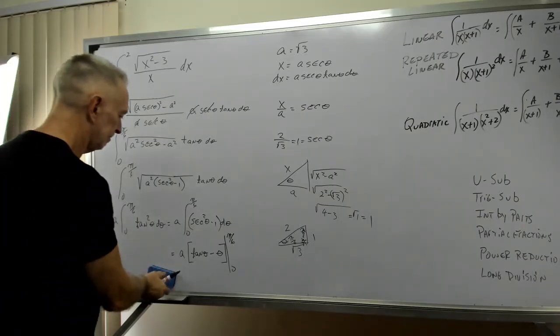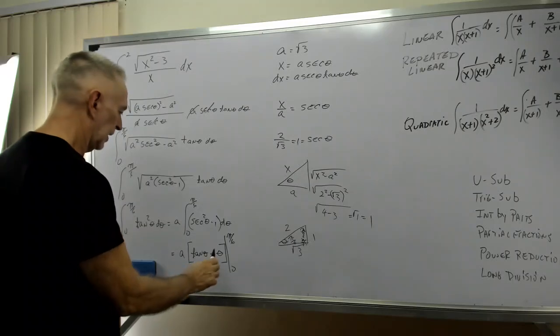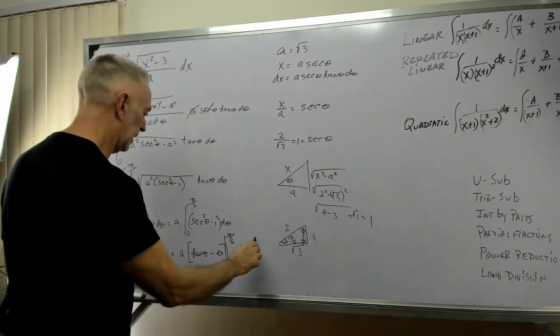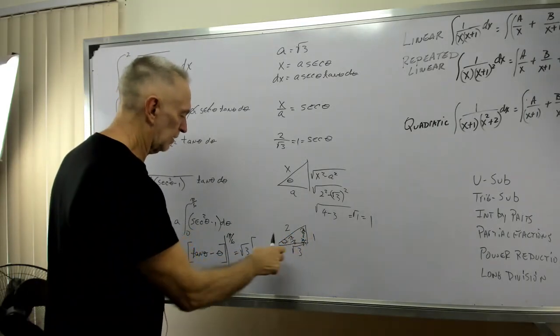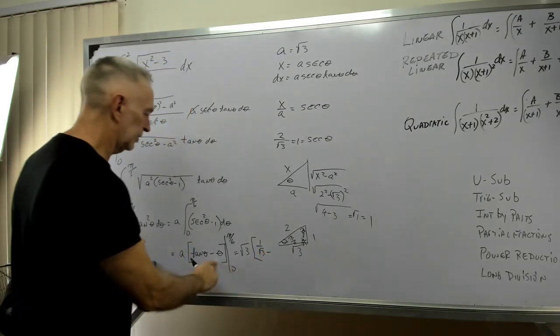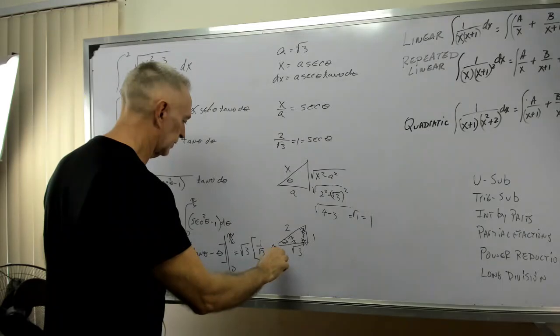Now then, what does that mean? I have square root of 3, which is a, times tangent of pi over 6, which is 1 over square root of 3, minus theta, and theta is pi over 6.